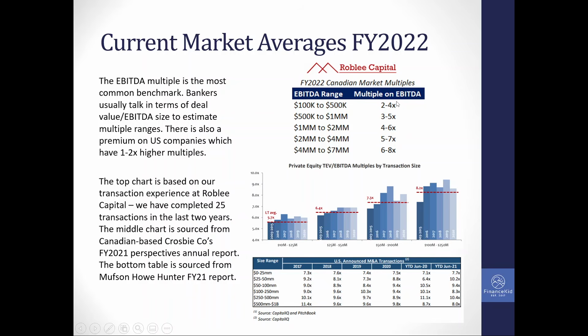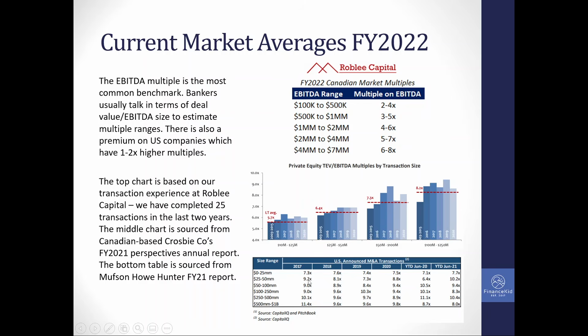If you're very small, you have no infrastructure, you have no real sustainable value within the business outside of a few key employees or you, the owner, then you're going to trade for a lower multiple than if I'm a 7 million annual profit EBITDA business and I have multiple divisions and management teams in place. Then naturally the premium on the cash flow valuation is going to be higher. So that's why you see if I'm making 500,000 in profit, I may trade for 3 to 5 times, but if I'm making 4 million, I may be trading for 6 to 8 times.